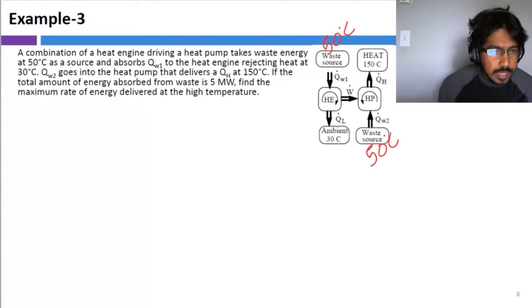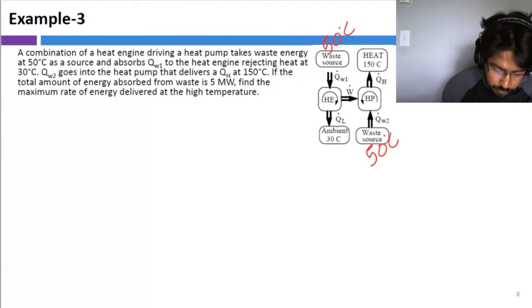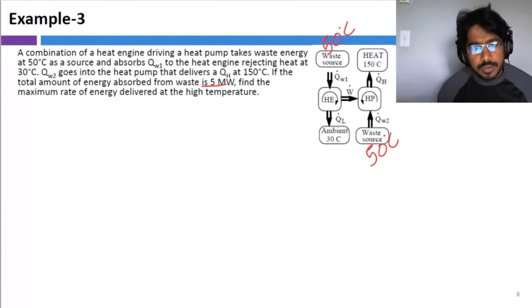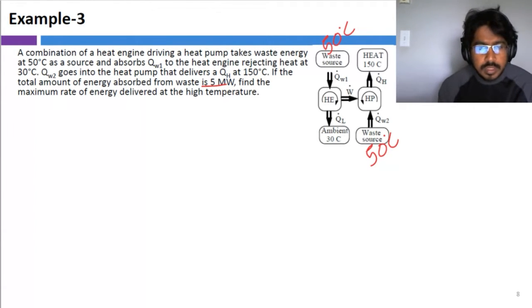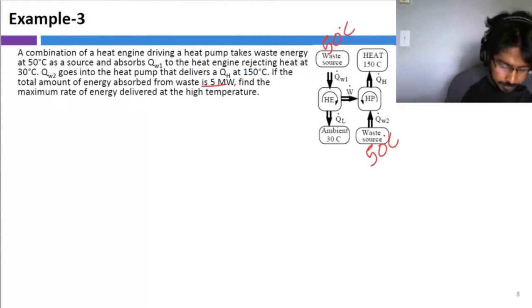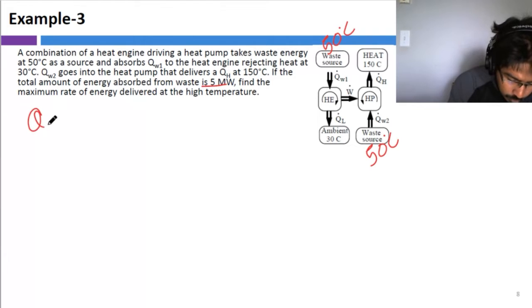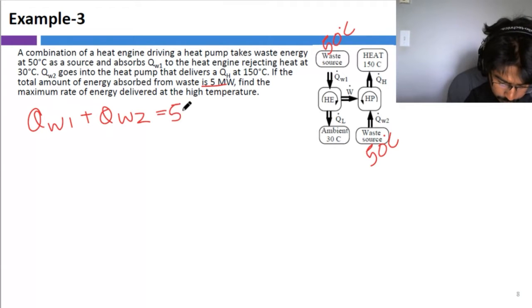If the amount of energy absorbed from the waste is 5 megawatts, so what does that mean? The waste source is used in two places. Therefore, the total amount of energy absorbed is going to be QW1 plus QW2 equals 5 megawatts.